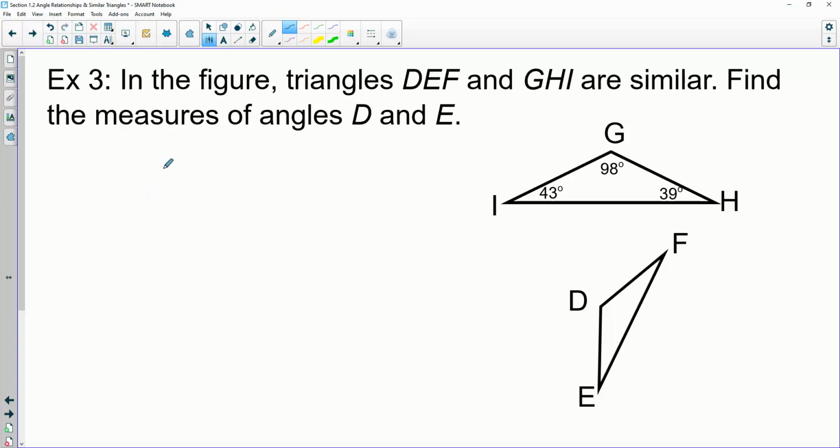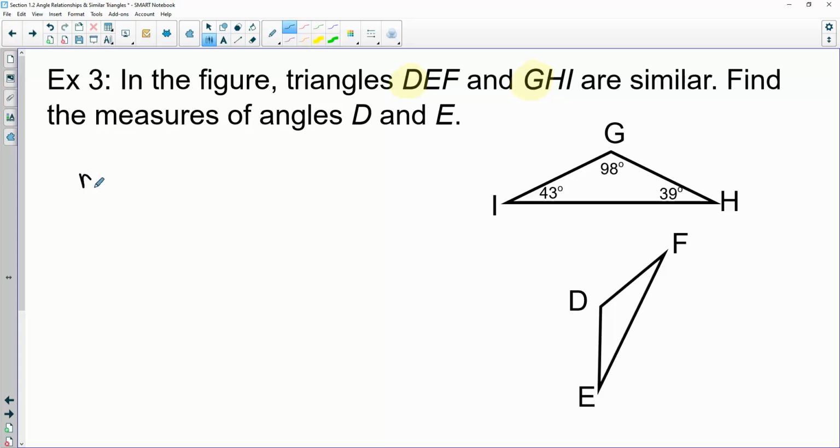They're the same. These pictures, it's kind of hard to tell which is which, but you can use the way I named my triangles. When I say triangle DEF, D is the first letter, so that means the angle is the same as would be angle G.